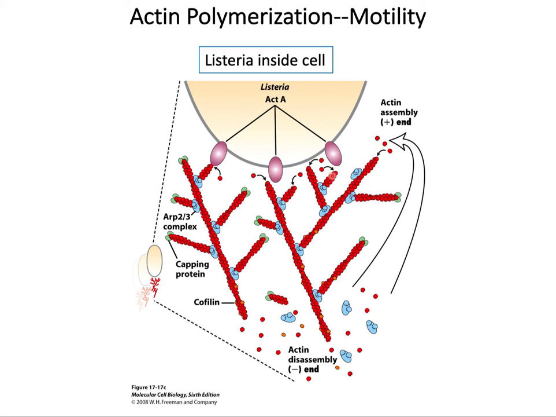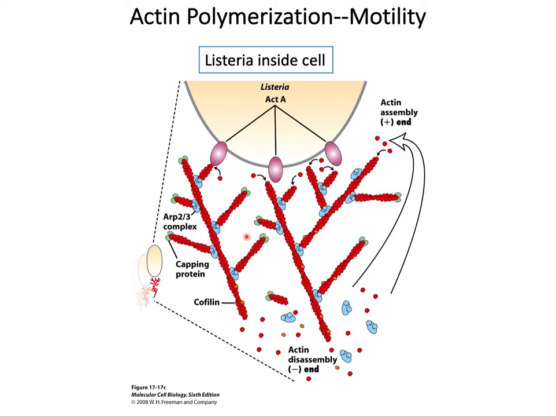Remember, a few slides back, I told you that the Arp2/3 complex had to bind to the nucleation promoting factor, NPF, for its conformation change, so that it can bind to the side of the actin filaments. Well, as it turns out, ActA will activate the Arp2/3 complex, and in doing so, a lot of Arp2/3 binding to actin filaments in the region around the bacterium in the cell will happen.